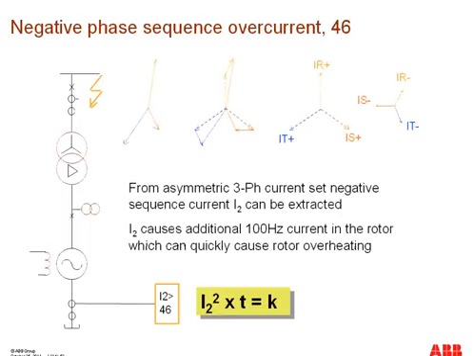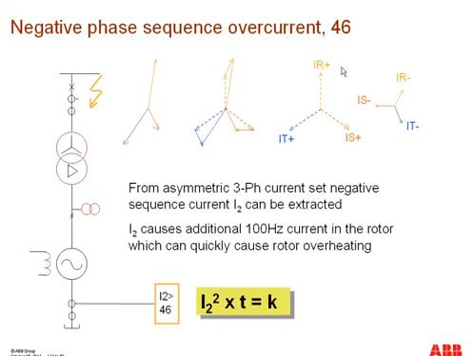Yet another type of protection is also employed, and that is negative sequence overcurrent protection, 46. These negative sequence quantities can be calculated from the asymmetrical three-phase currents.